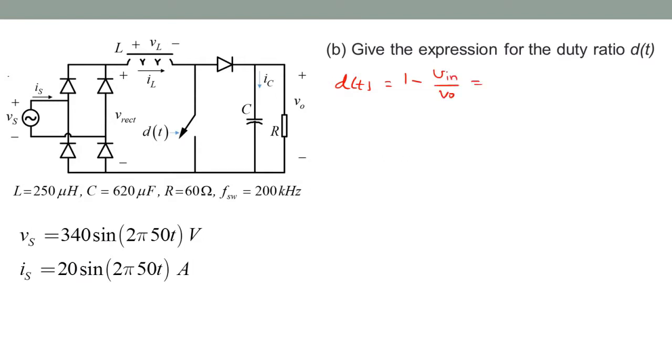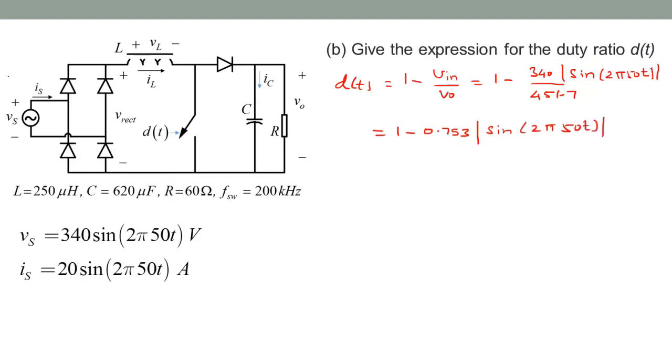So in this case, it is 1 minus 340, and since it's a rectified input, we want the absolute value of sine 2 pi 50t, that is the input voltage, divided by V out, which is a constant which we just derived, 451.7. That gives us the answer to be 1 minus 0.753 times the absolute value of the sine 2 pi 50t. Okay, that is the answer for the duty ratio.